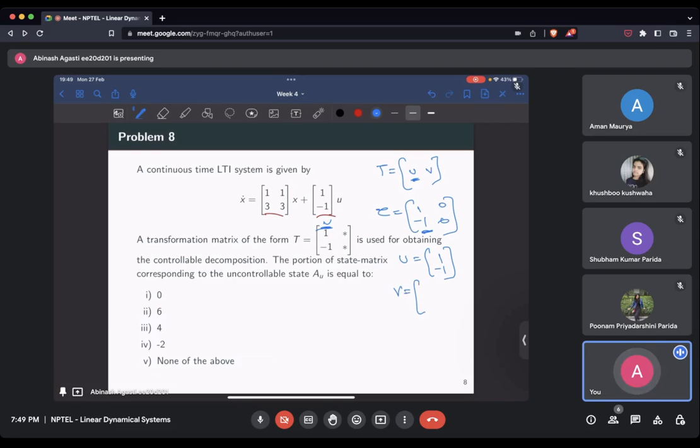So one trivial case is what? We can take 0, 1. If you take 0, 1, then T is equal to 1 minus 1, 0, 1. What is its inverse?